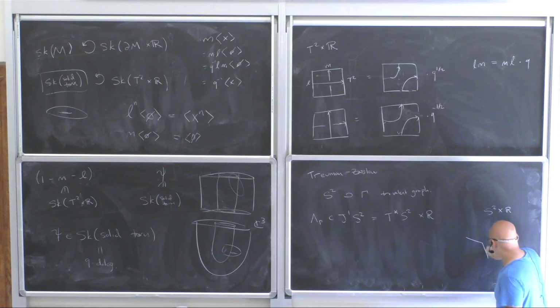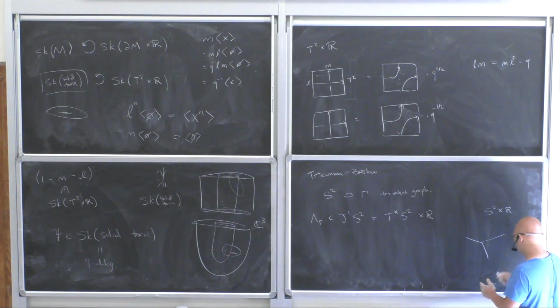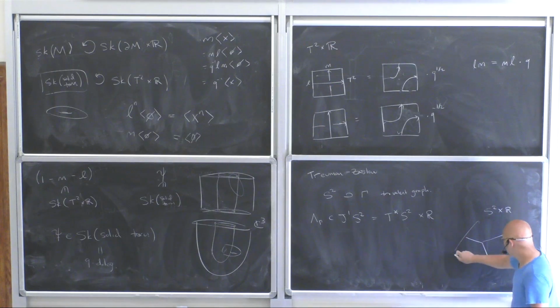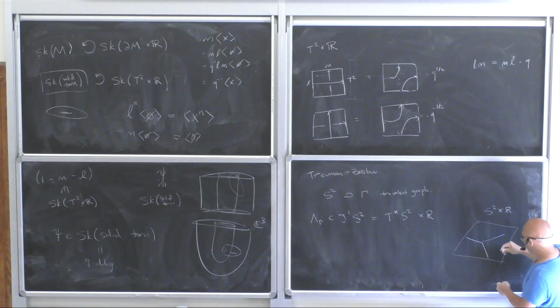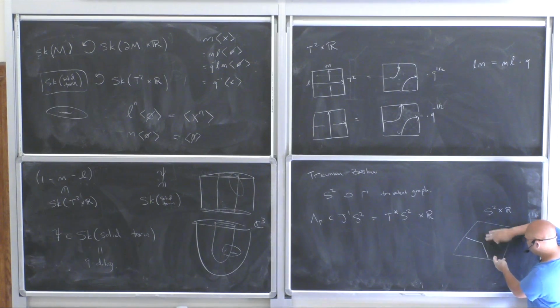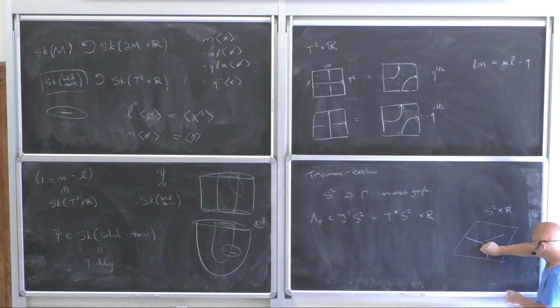So you have this trivalent graph in S2 times R. And I'm really not so good at drawing. But this lives in some plane, and then this R direction. And basically, over each face, there is a region above the face and a region below.